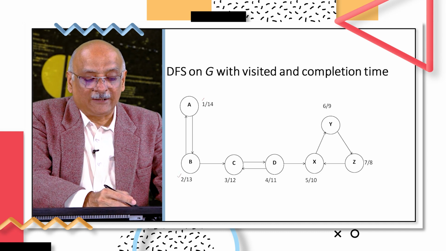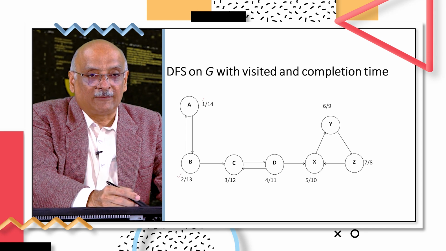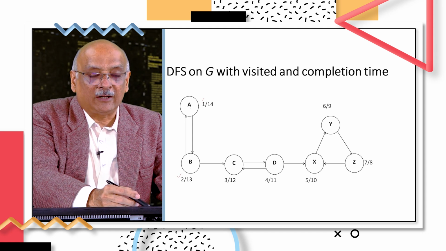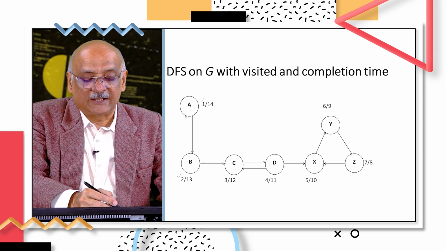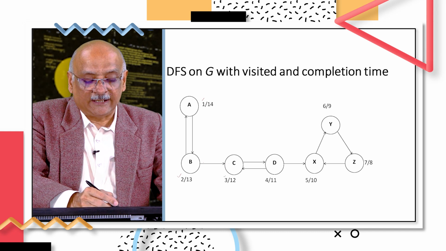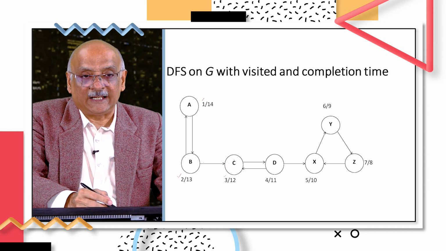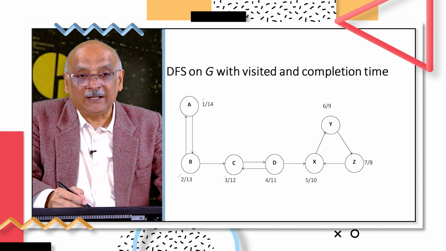Once we have visited B, since this link has already been covered, because A has already been visited, we cannot revisit A. We will visit C only with the help of this link. So visiting C is 3. Since we have visited C, DFS still goes on. We visit D.